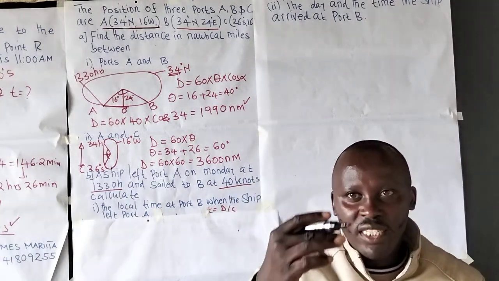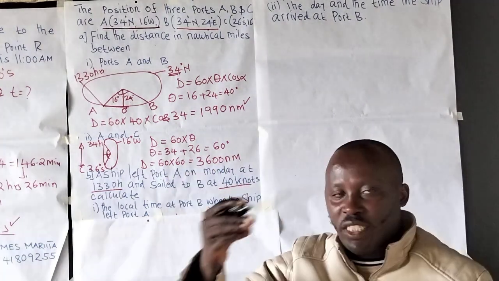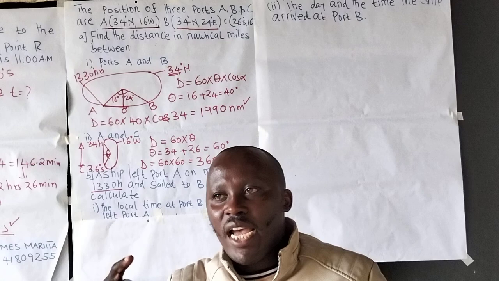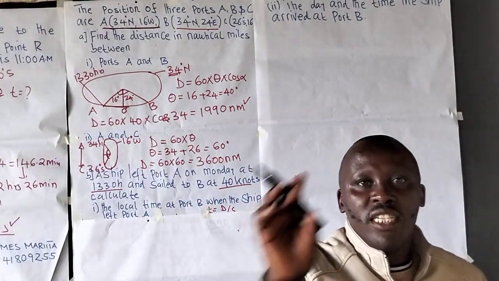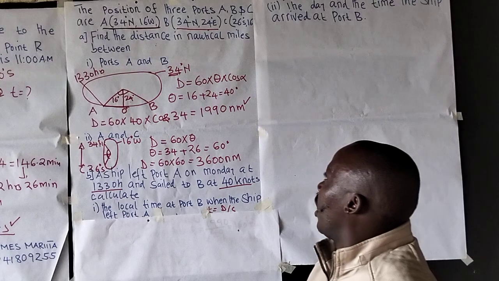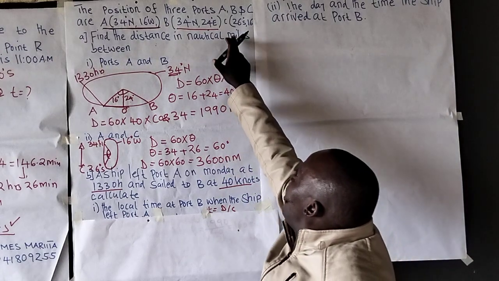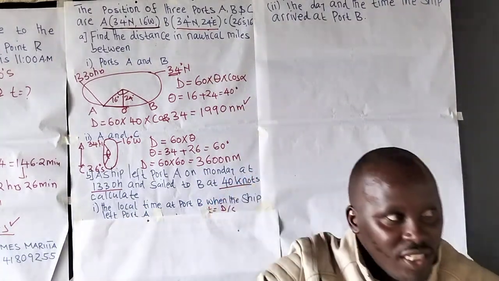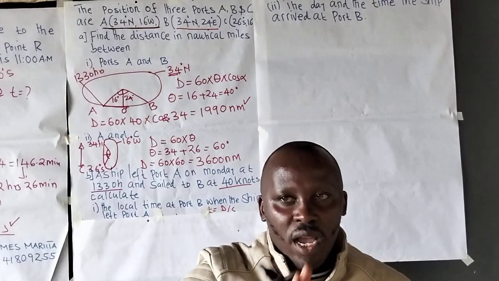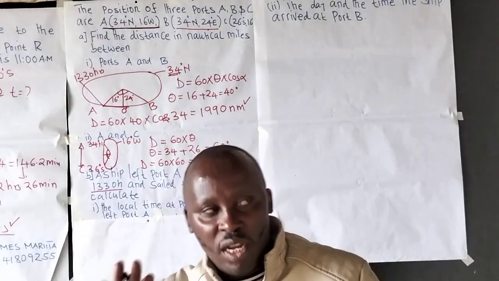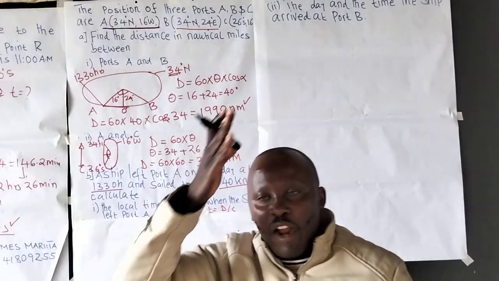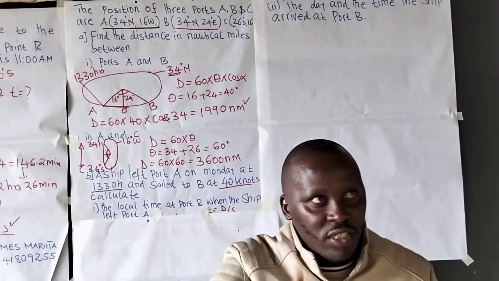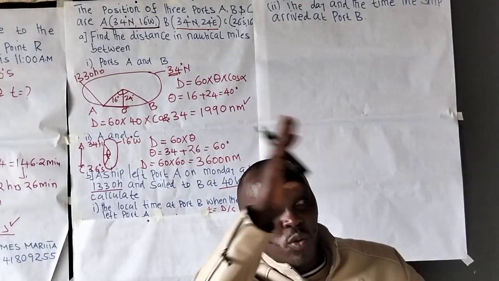You will notice that these two ports A and P share a common latitude of 34 degrees north. Then we have C, which is 26 degrees south, 16 degrees west. You can also notice that A and C share a common longitude of 16 degrees west.